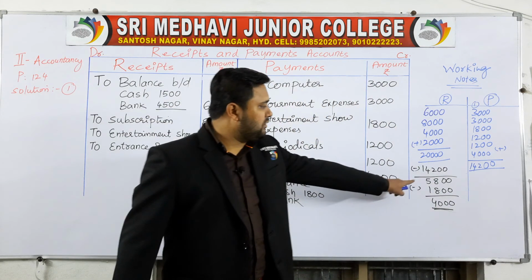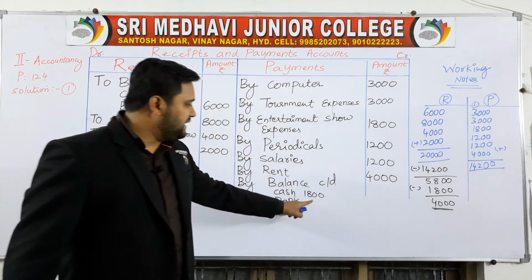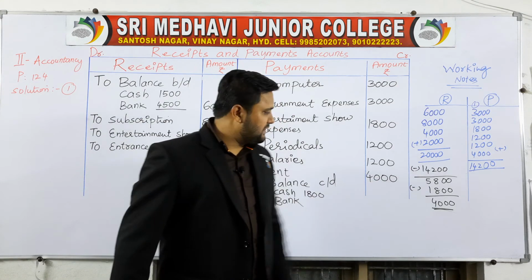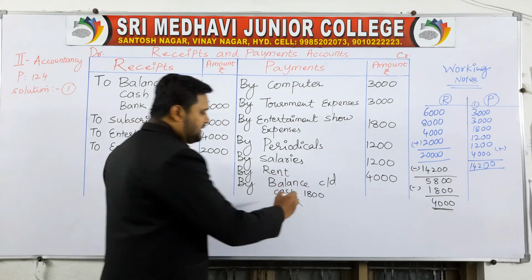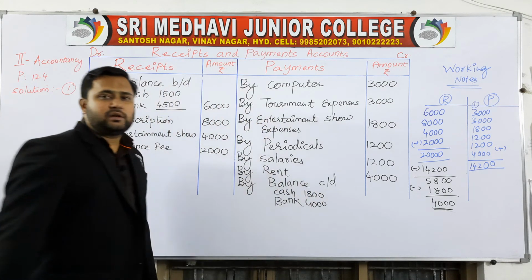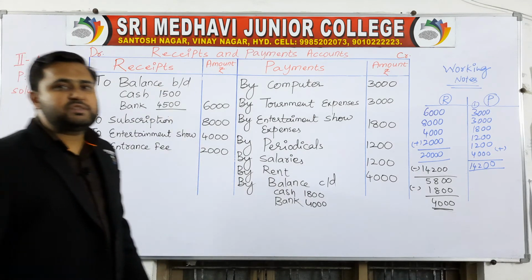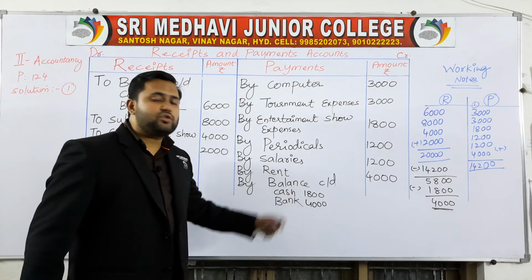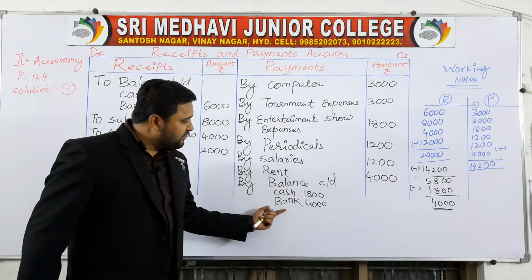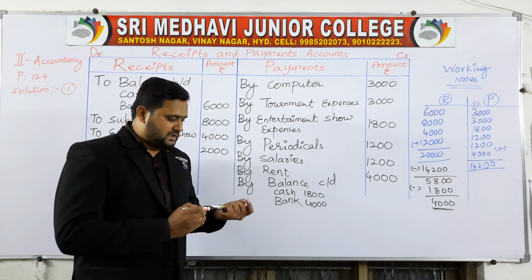Total how much are you having now? 5,800, out of which 1,800 you have to minus. From 5,800 minus 1,800, the answer is that the balance at the end of the receipts and payments account is 4,000 rupees. So by balance carried down, cash 1,800, and 4,000 rupees is the bank balance.